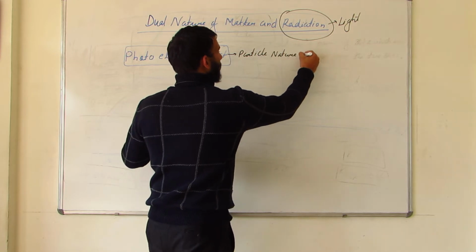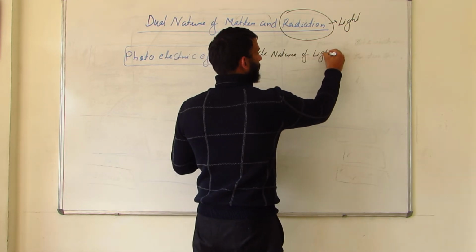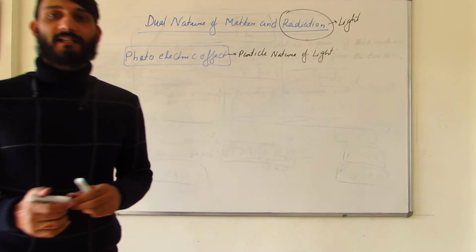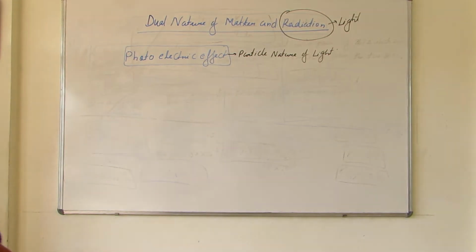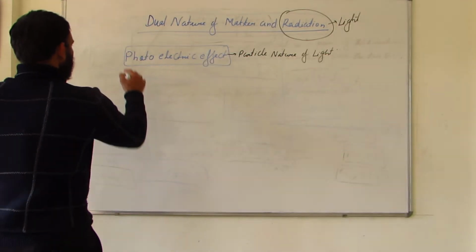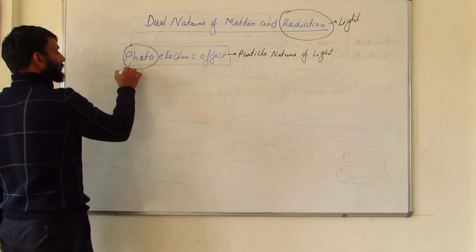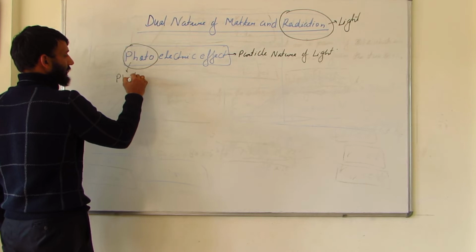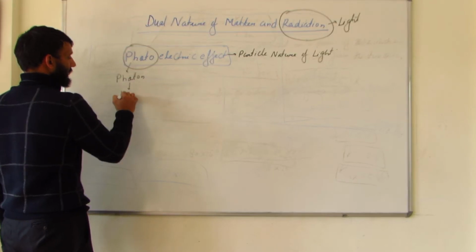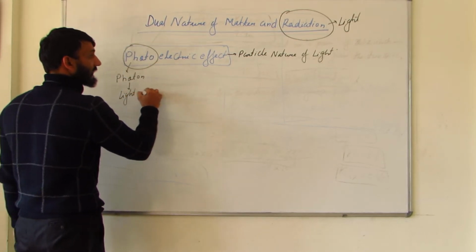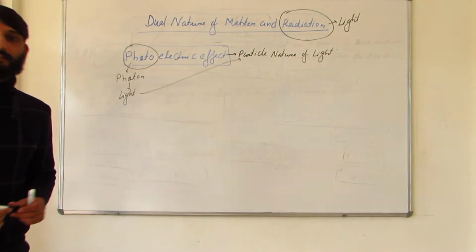Before this we have studied interference and diffraction, which are explained on the basis of wave nature of light. So photo means what? Photo is something related to photon, and this is related to light. And what type of light? Again, particle nature of light.